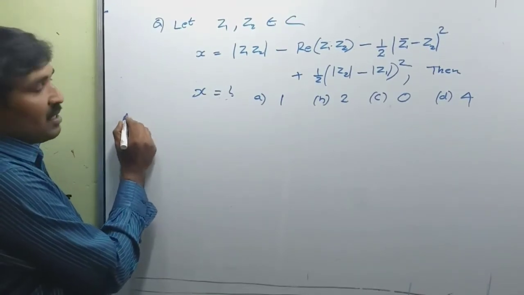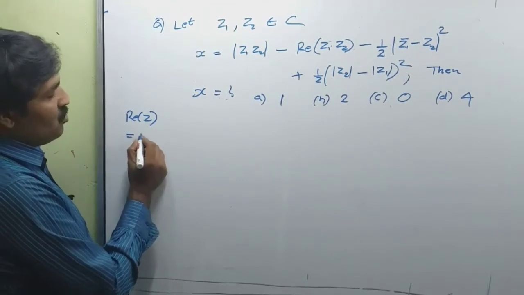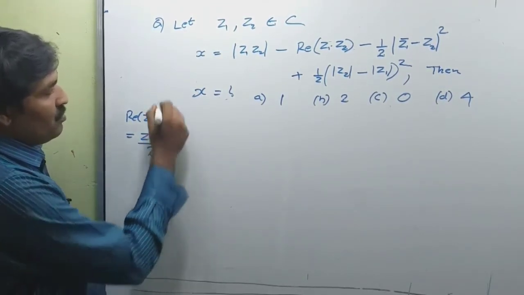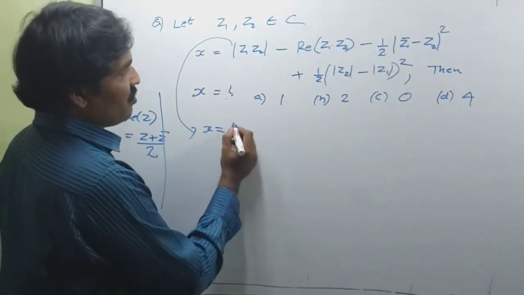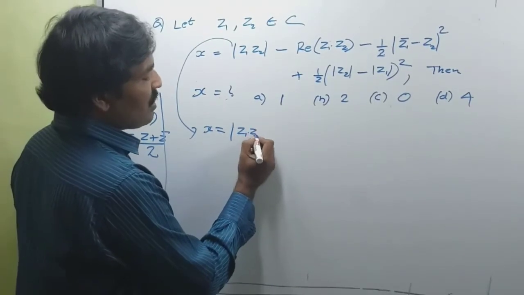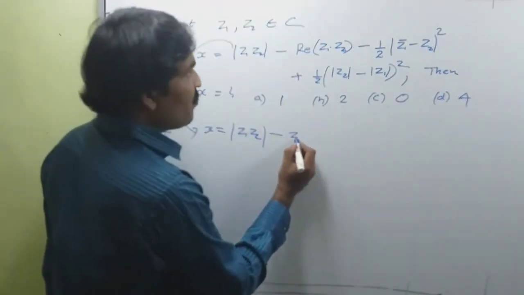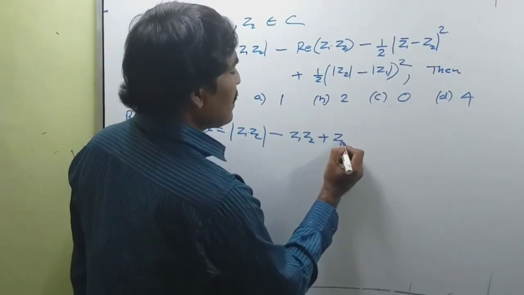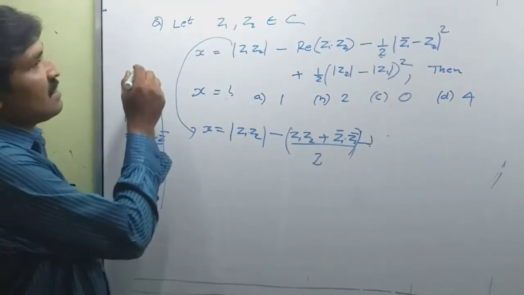Suppose Z is a complex number, then what is real of Z? Real of Z is equal to Z plus Z conjugate divided by 2. So we can write this, X is equal to mod Z1 Z2 minus real of Z1 Z2, which is Z1 Z2 plus Z1 conjugate Z2 conjugate divided by 2.